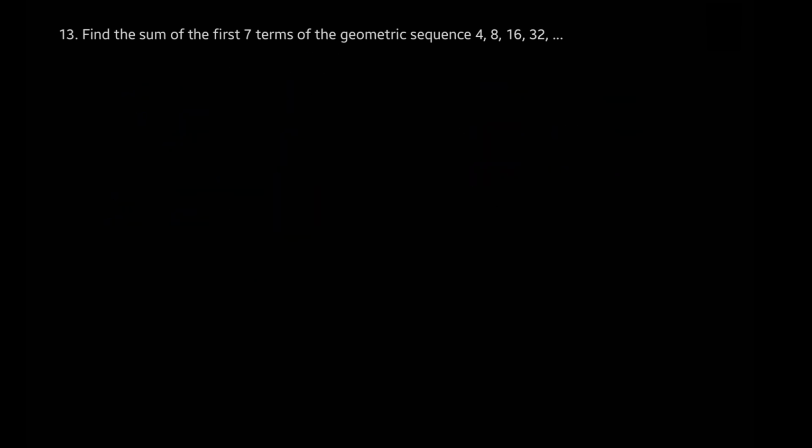So we use the formula again, a sub 1 times 1 minus r raised to n. Our first term would be 7. Sorry, it would be 4, not 7 actually. We have 7 terms, but the first in our sequence would be 4.